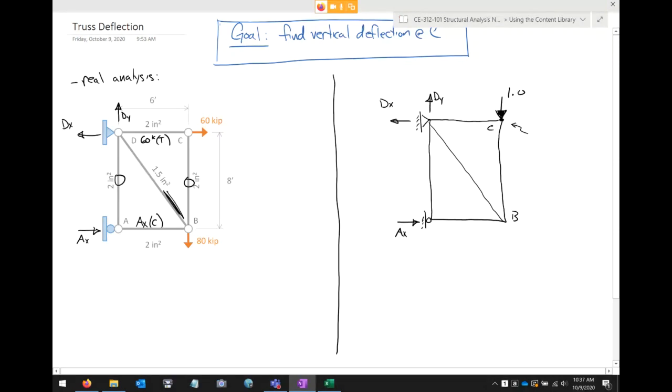There's a diagonal member that can pick that up. Yeah, I know that, but I thought it might balance out or something. But not necessarily. It's a fair question. And the reason I would say this, if we didn't have what was going on at joint C, I don't think we could definitively say it's a zero force member. But because of what's going on at joint C, I'm saying, yeah, it is.